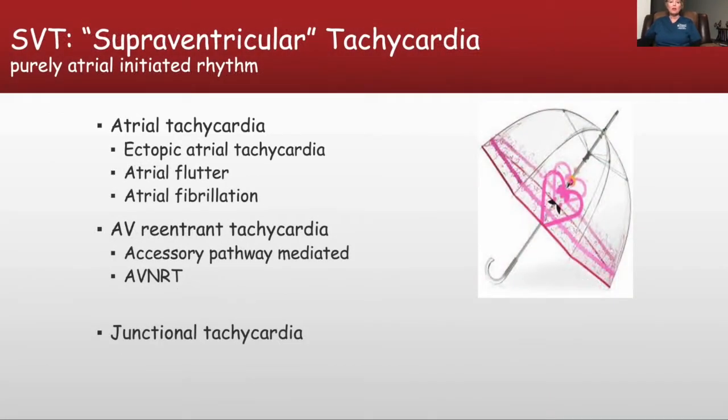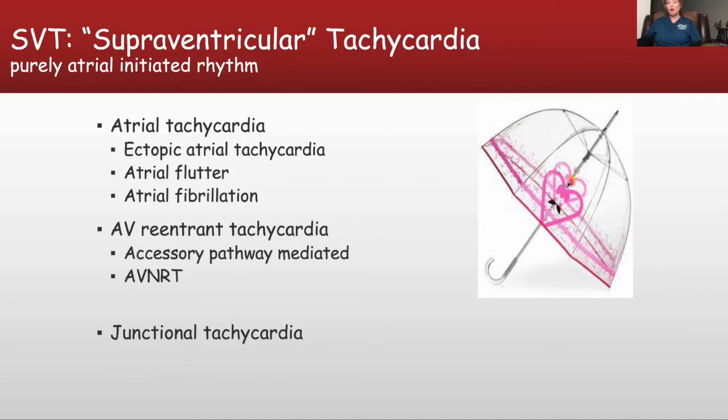So supraventricular tachycardia is really an umbrella title, because anything that's causing tachycardia that's not coming from the SA node but is above the ventricles could technically be called SVT. So you might hear different dysrhythmias: atrial tachycardias, ectopic atrial tachycardia, atrial fib, flutter.